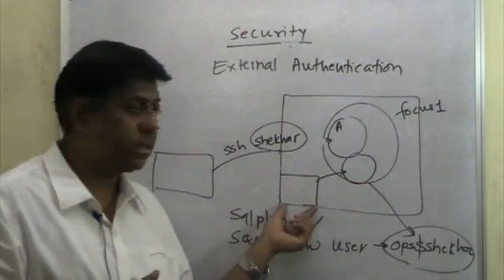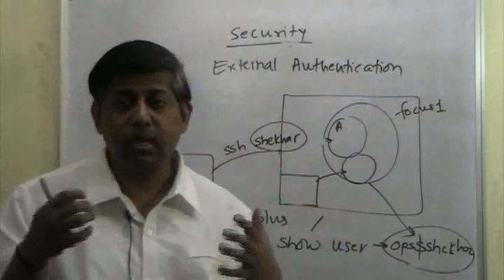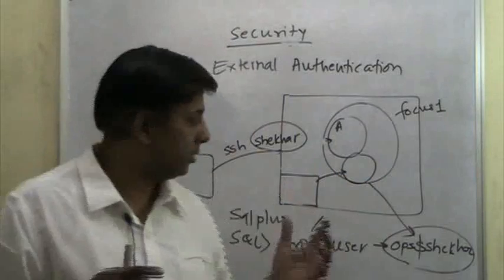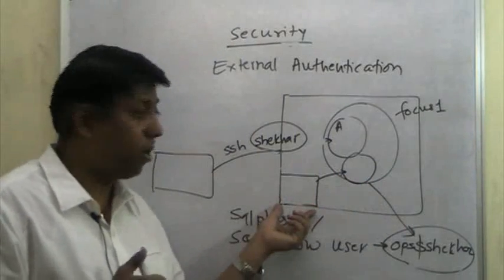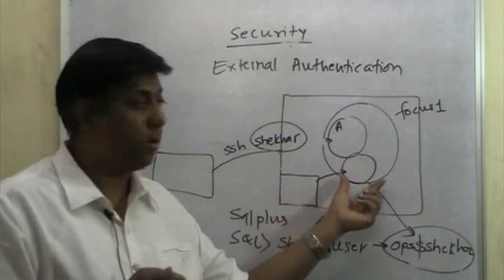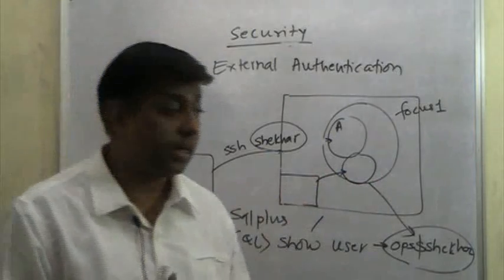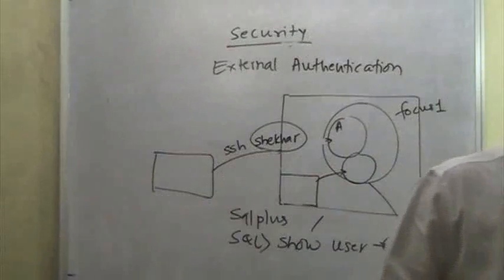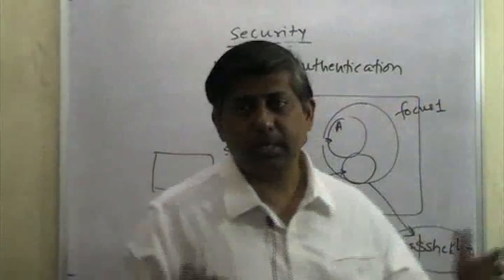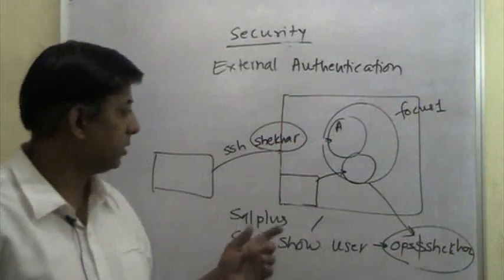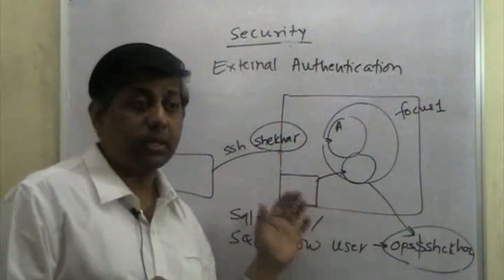So operating system people take the responsibility of becoming the actual security owners rather than the database people. You successfully log into the OS, then you can log in to the database without any further security. So OS authentication at that time is going to be extremely strong, maybe tough passwords, 10 characters, 15 characters, all those things. So this is what the external authentication concept is.